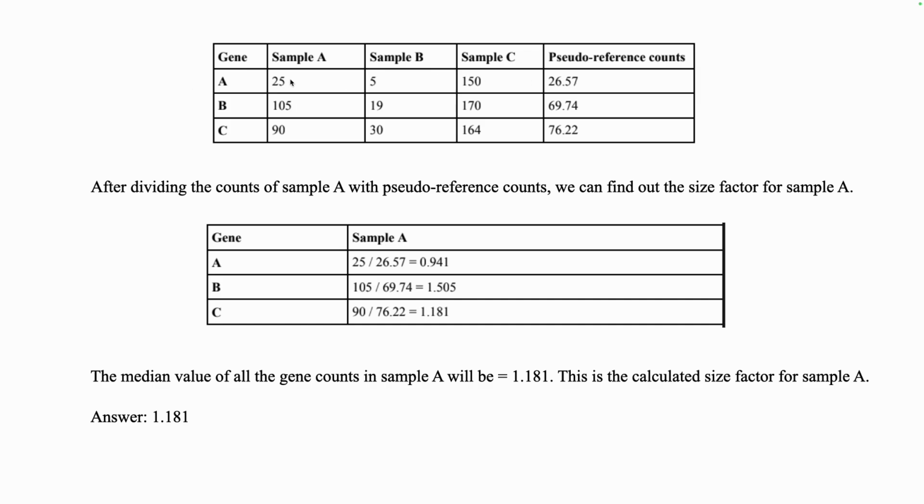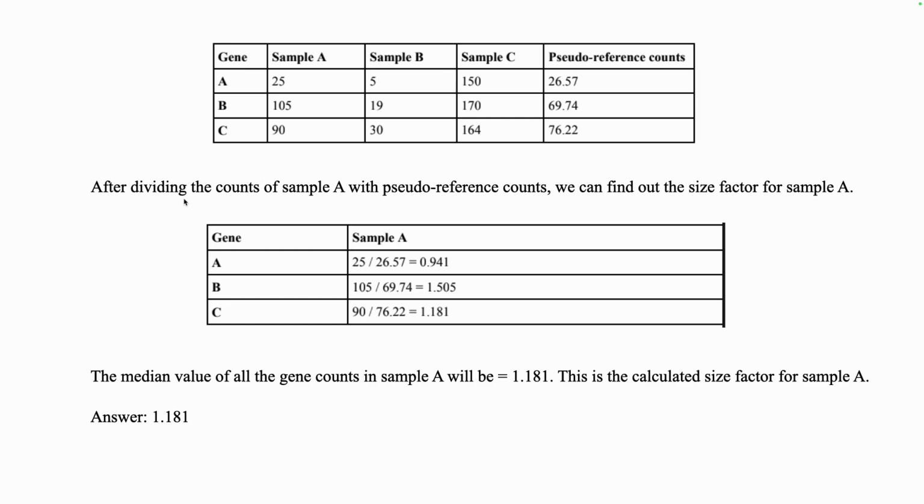After calculating the geometric mean for these values, you get 26.57 for gene A, 69.74 for gene B, and 76.22 for gene C. These values are the geometric mean of the read counts from different samples for a particular gene. So you just need to find the root of the multiplication of these values.